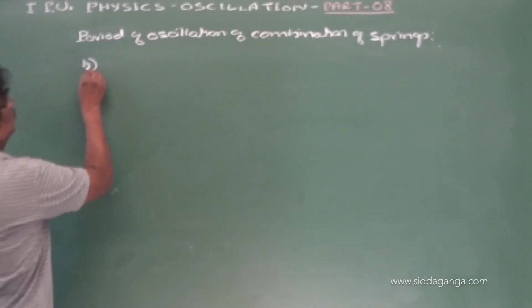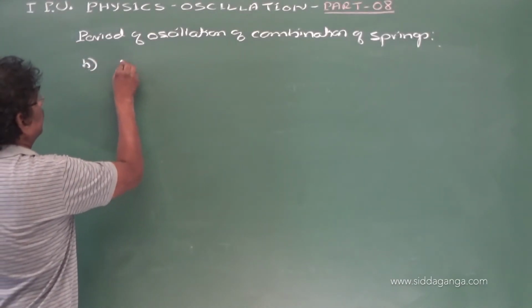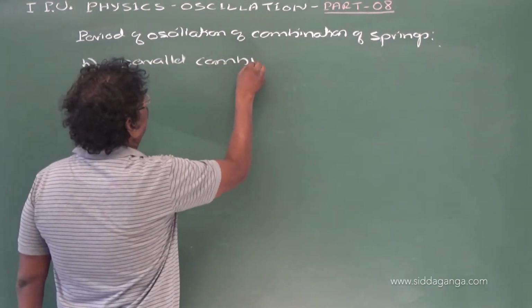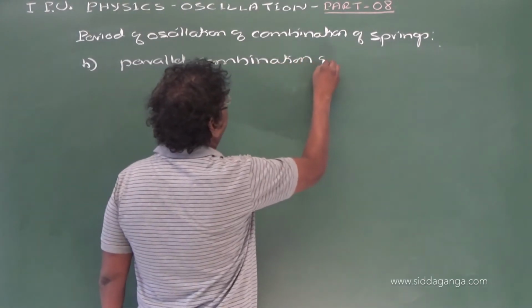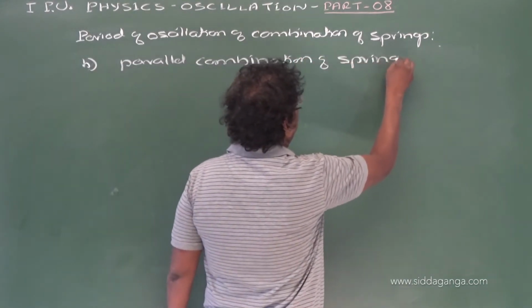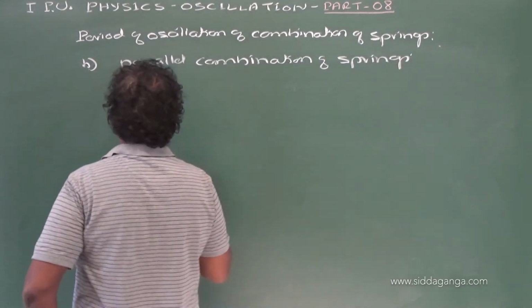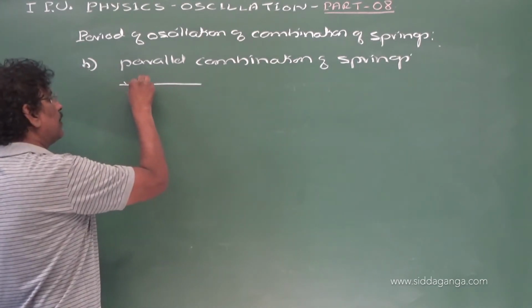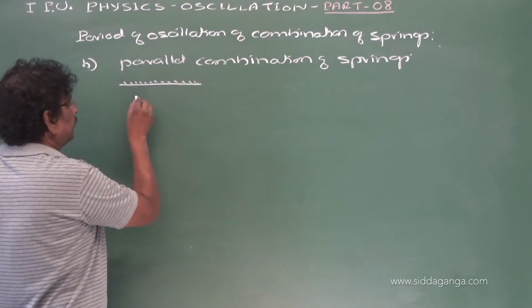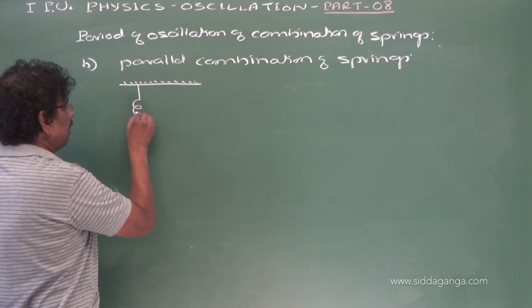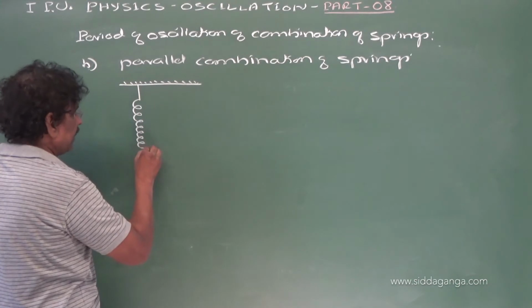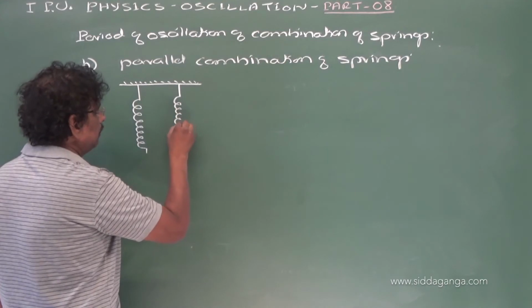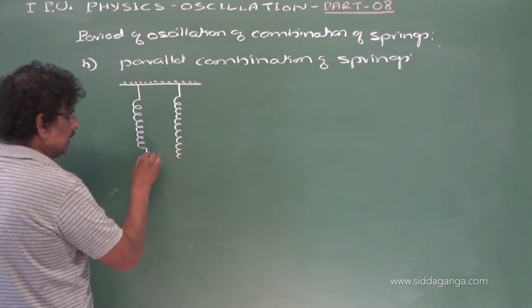B, parallel combination of springs. Let there be a rigid support. Now we have two springs attached to the same rigid plate here.